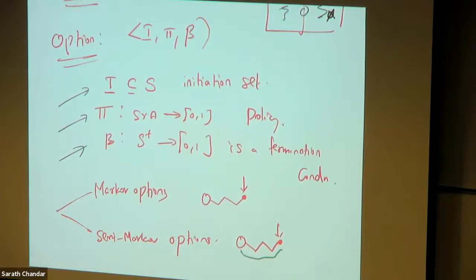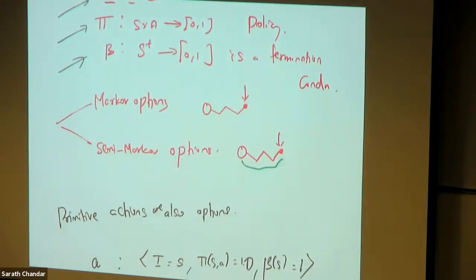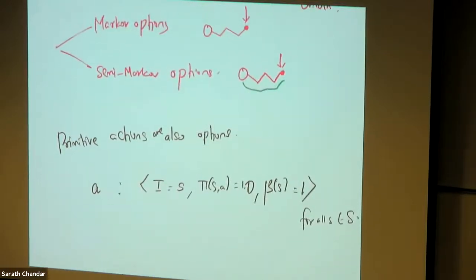We also talked about Markov versus semi-Markov options, and about how primitive actions can also be considered as options. Now we can use this idea of options to learn the policy. The first algorithm that we are going to see is SMDP Q-Learning.